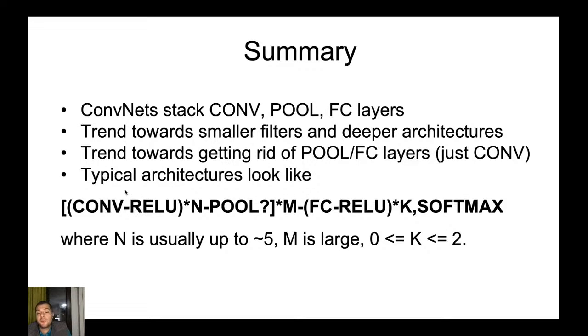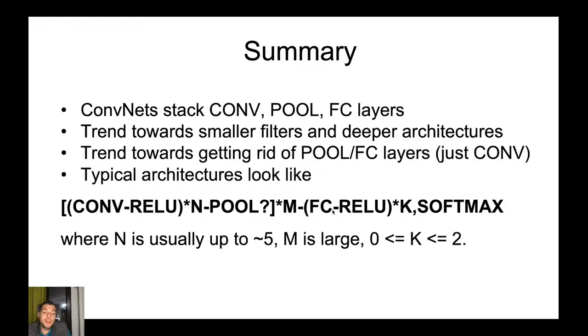And the typical architecture written as a regular expression looks something like this. So we have some convolution and pooling layers that are repeated for a number of times, and then we use a pooling layer. So this is a convolutional block, and the convolutional blocks are repeated for a number of times.